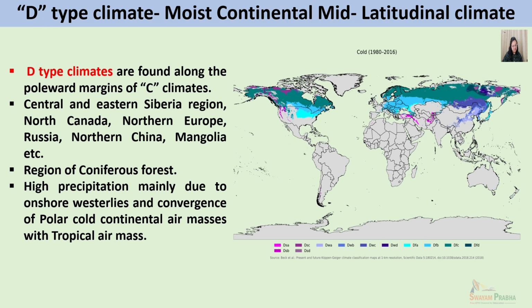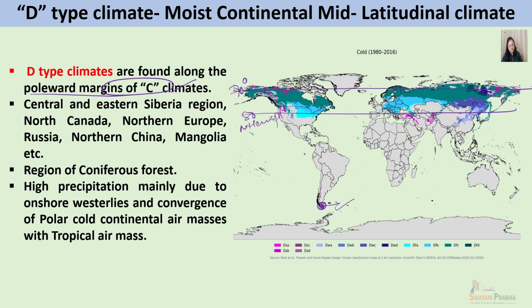As you can see here, the D type of climate is prominently found along the polar margins of C type of climate in the temperate latitudes, which extend from 50 to 70 degree latitudes, mainly in the northern hemisphere, and only the little bit tip of southern hemisphere along the polewards limit of Argentina and Chile experiences this type of climate in the southern hemisphere.